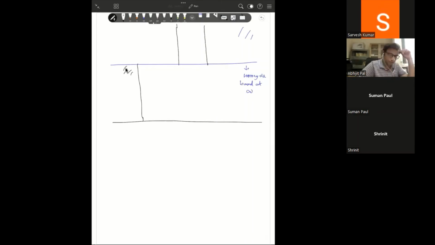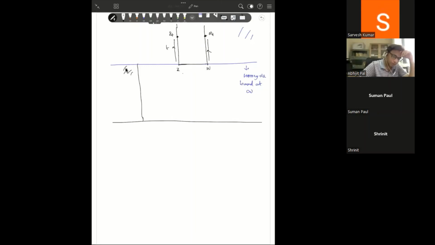Let us call this point Z and this point W. Now you can compute the length of this part, and then you go some t distance above, and call this point Z_t and this point W_t.